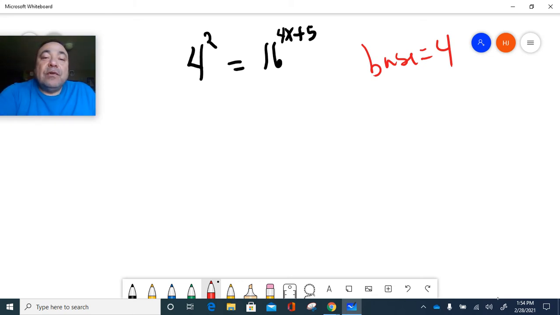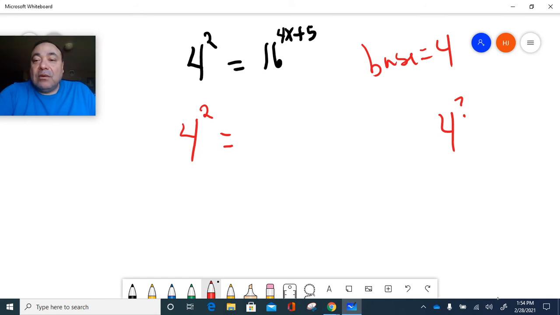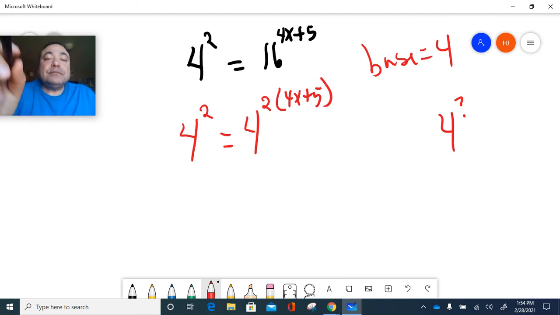So we leave the 4, and you say 4 to the second power equals 16. Well, 4 times what will give us 16? And again, oh my gosh, that's not bad at all. That will be 2 as well. See that? But here we're going to get 2 to the 4x plus 5.